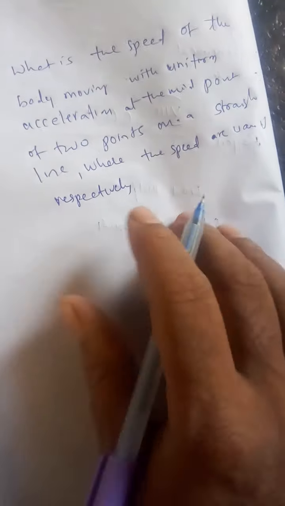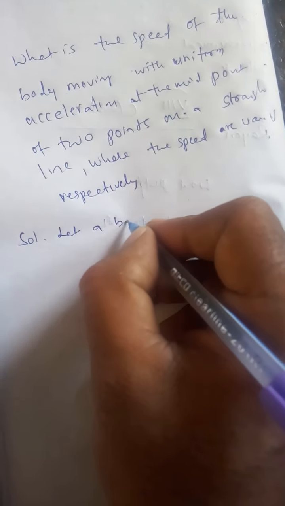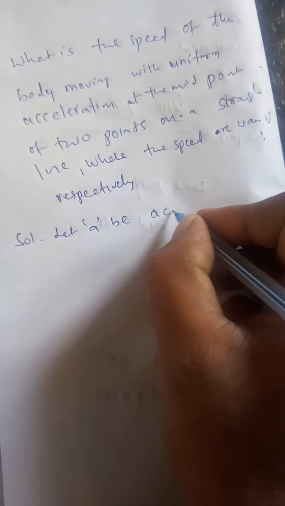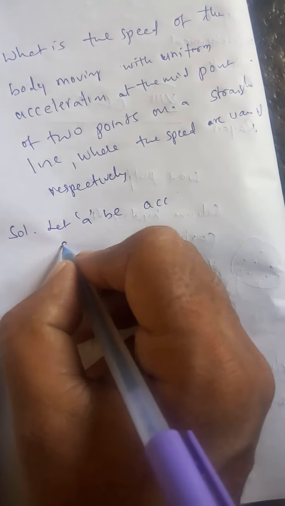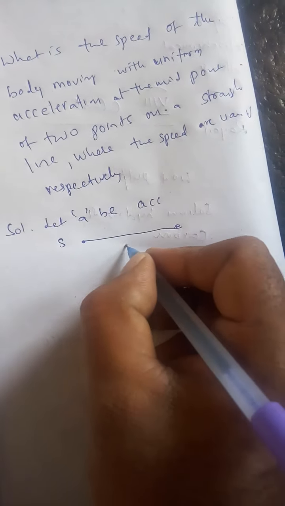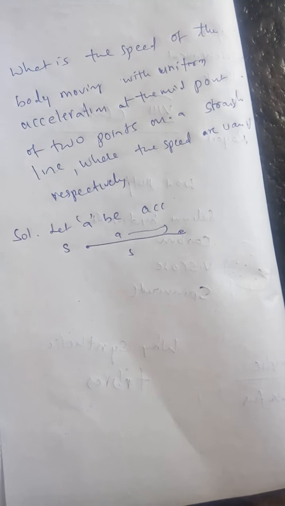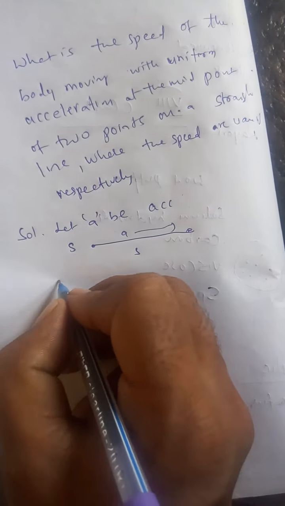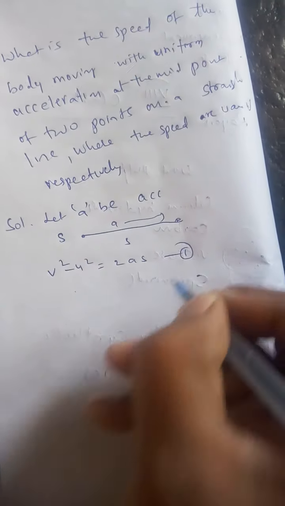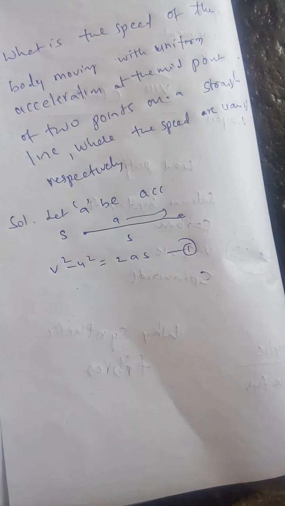Solution. Let a be the constant acceleration and s be the distance between the 2 points. From the equation of motion, v square minus u square equals 2as.